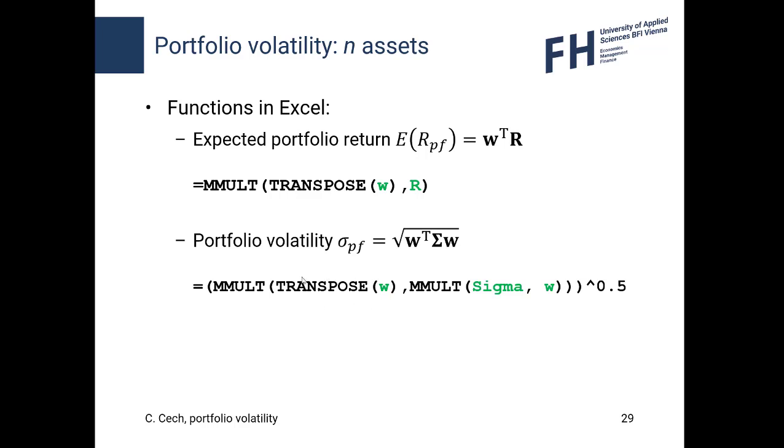We multiply W transposed with a matrix multiplication, which is sigma and W, these guys here, multiplied. Again, you have to hold the control key, hold the shift key, and then press the enter key, and then it's going to work in Microsoft Excel.